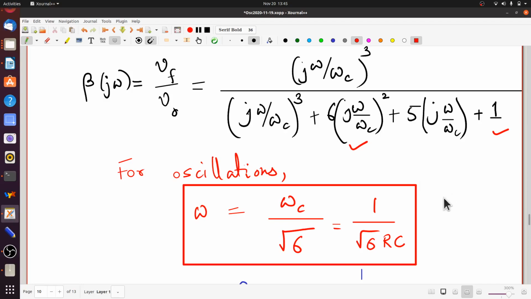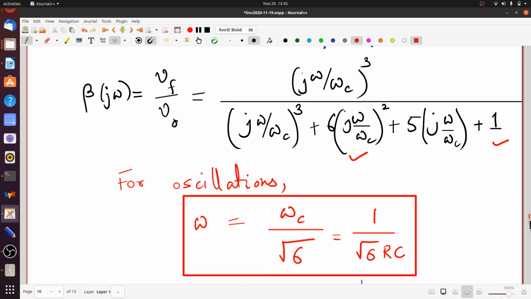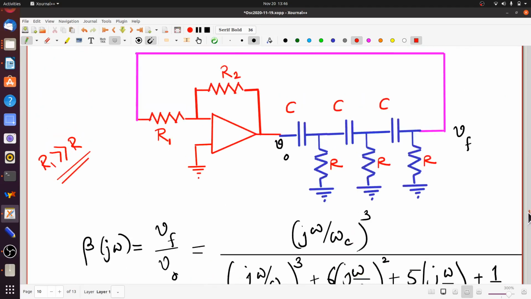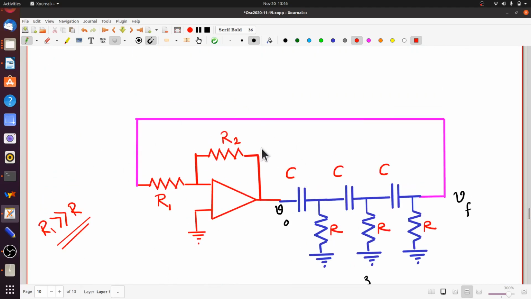Not only that, the value of beta at this frequency is also different. You can easily check that beta turns out to be minus 1/29th here as opposed to minus 1/8 in the previous case. So here what we want is the gain of the amplifier must be at least minus 29 in order that the oscillations start growing.